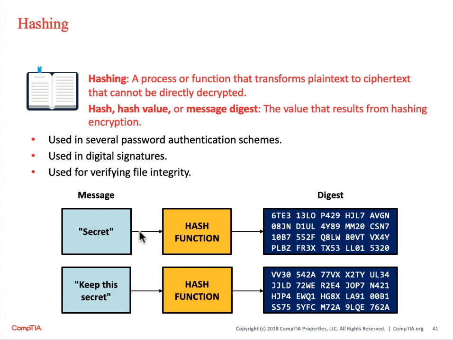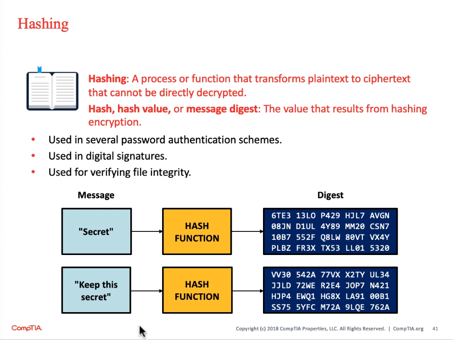Even though this word says secret, you can hash any file and you're going to get an output. This output is always going to be the same length depending on what type of hashing algorithm you're using, but it's meant to verify integrity of something. As you can see here, this message, keep this secret, is run through a hashing function, and the output is just as long as the one above.